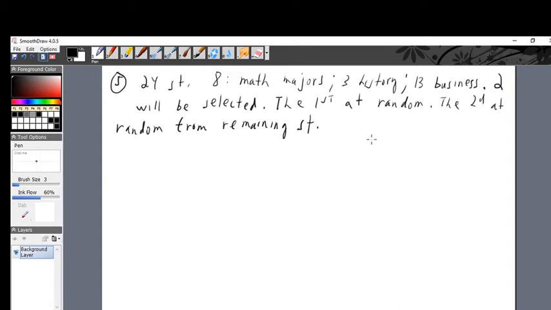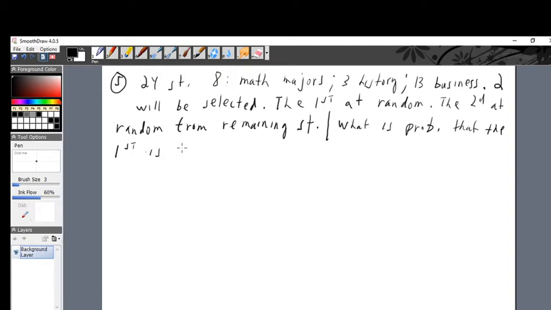Okay, that's key. Now, here comes the question. That's the narrative. Here comes the question. What is the probability that the first is a math major?